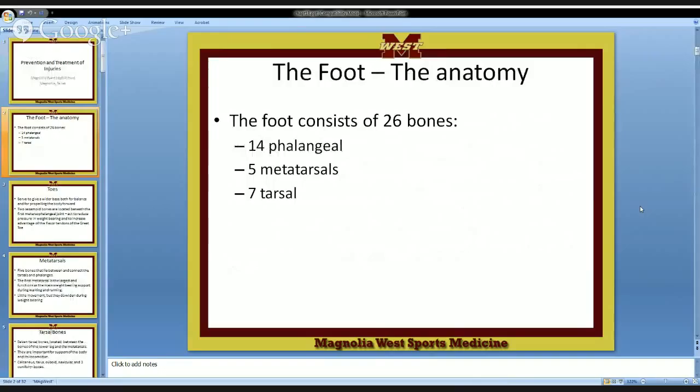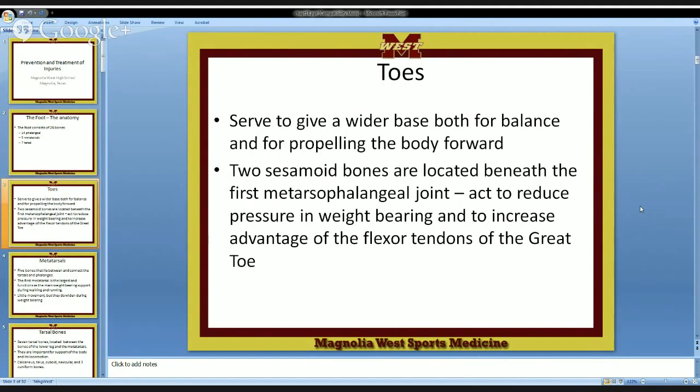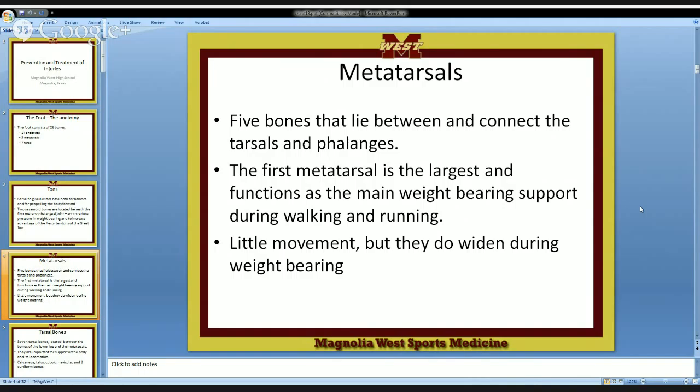Add it up. We talked about the toes, the sesamoid bone. Where's the other sesamoid bone? In your knee? Your patella. Yes. All right.